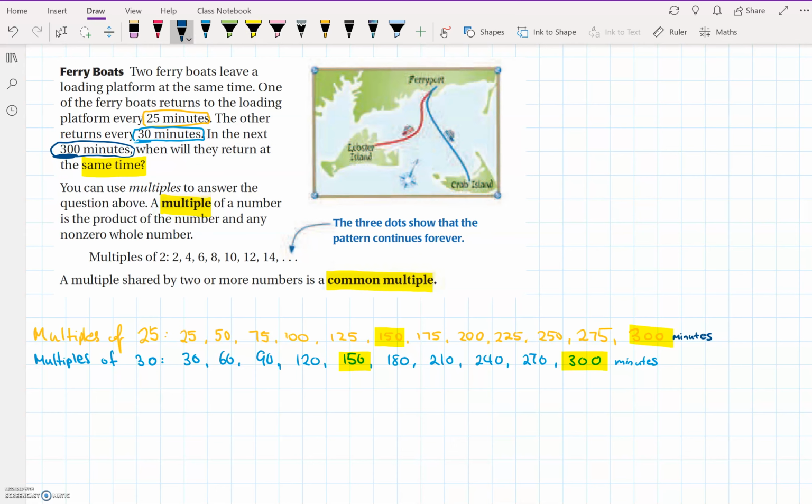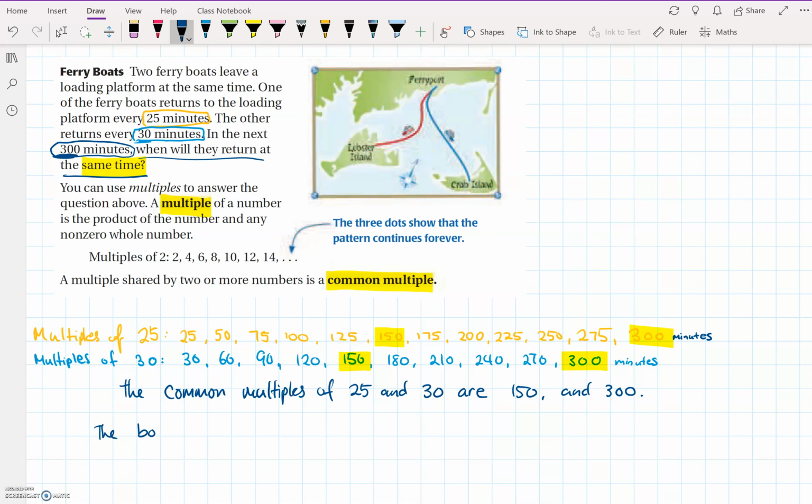So for this particular question, I can say the common multiples of 25 and 30 are 150 and 300.